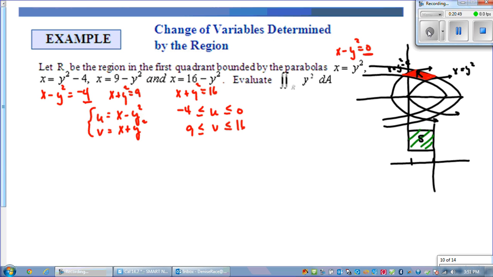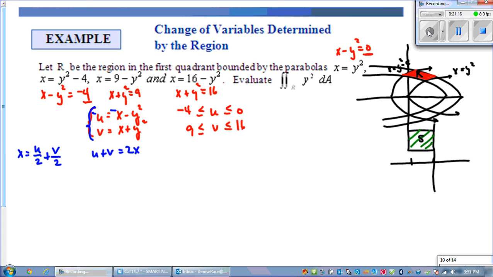Okay, so now the next thing we need to do is we need to solve for x and y here so that we can find the Jacobian. So solving for x will be easy because just add the two equations and you get u plus v equal to 2x. So x will be u over 2 plus v over 2. Do the same type thing.